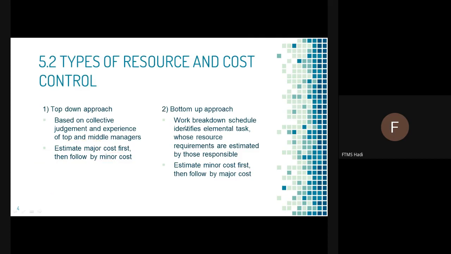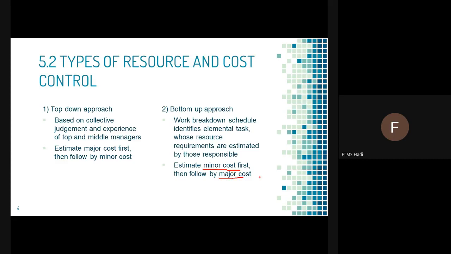Okay, the second one is bottom-up approach, which is the opposite of top-down approach, whereby the work breakdown schedule identifies element tasks whose resource requirements are estimated by those responsible. That means the subordinates or project workers will do the budgeting. Compared to top-down approach, they estimate minor cost first, that means small tasks first, and then the balance of the budgeted money will be allocated to major costs.